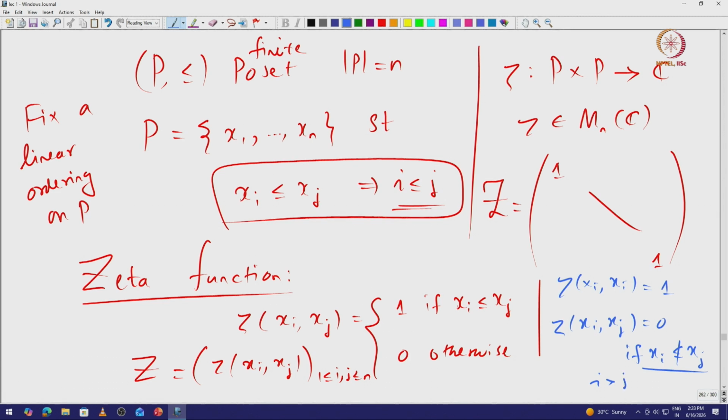So, the entries below the diagonal must all be 0. So, this zeta matrix is indeed an upper triangular matrix with diagonal entries 1.